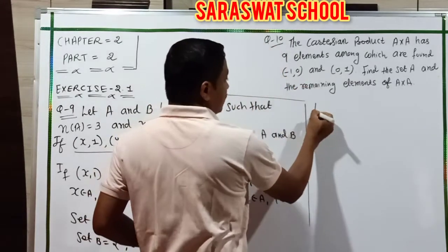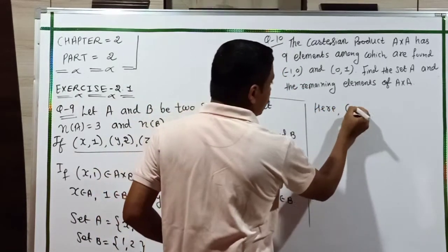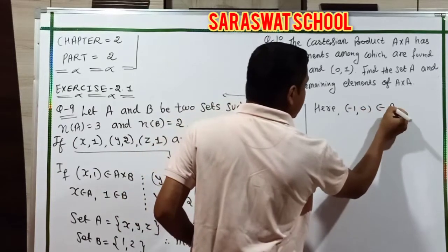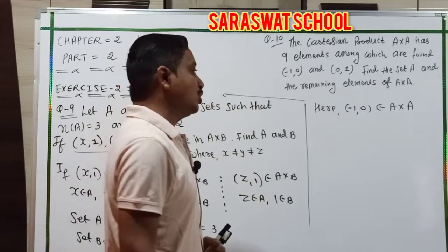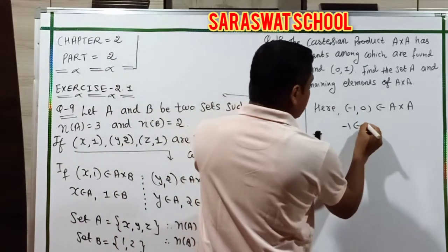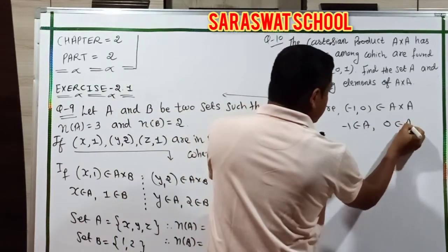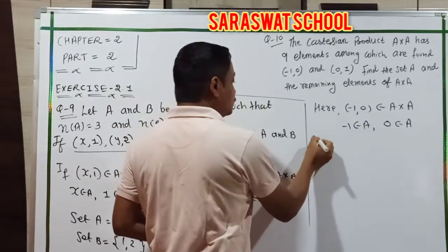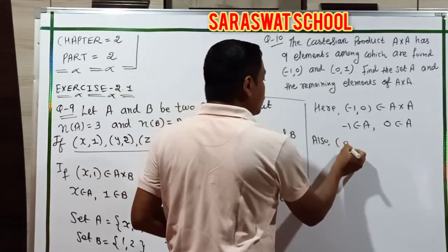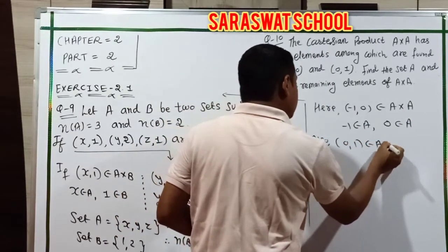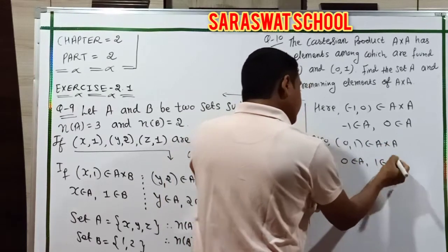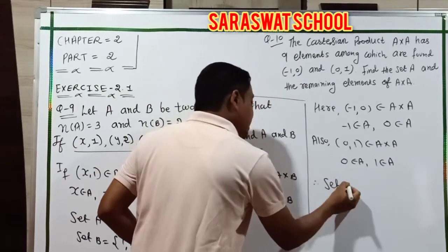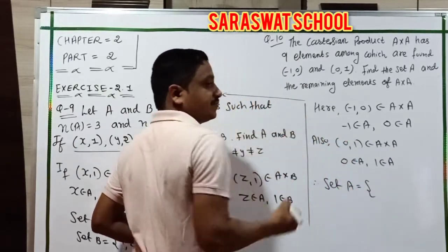First of all, given elements of A cross A, (-1, 0) belongs to A cross A. It means -1 belongs to A and 0 belongs to A. Also, students, (0, 1) belongs to A cross A. So you are saying 0 belongs to A and 1 belongs to A. It means your set A is ready, students.